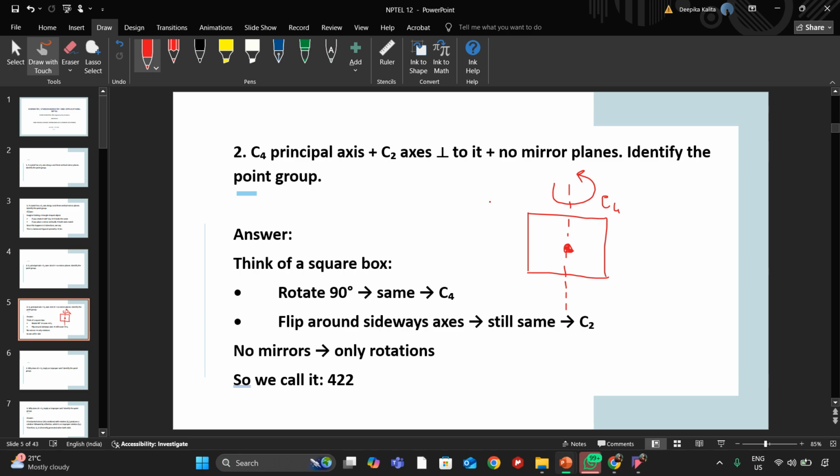Along with that, we have two C2 axes, and you can imagine the C2 axes passing through these two sides.